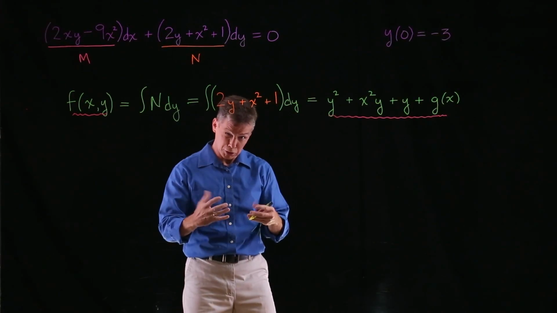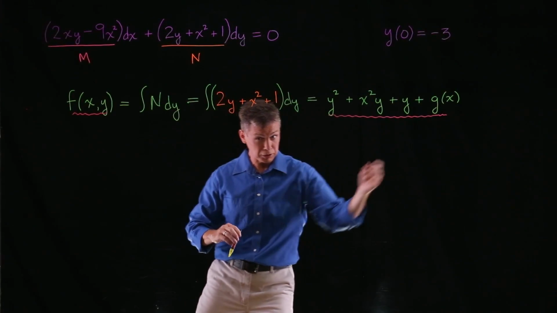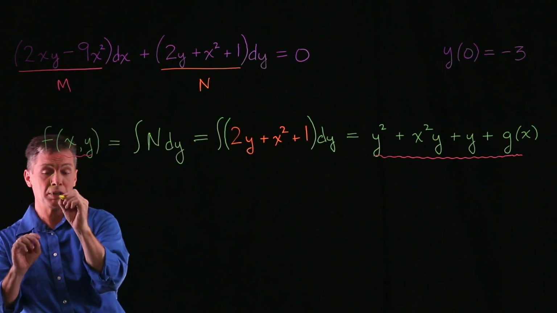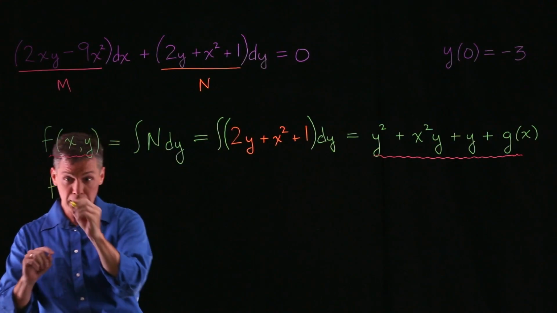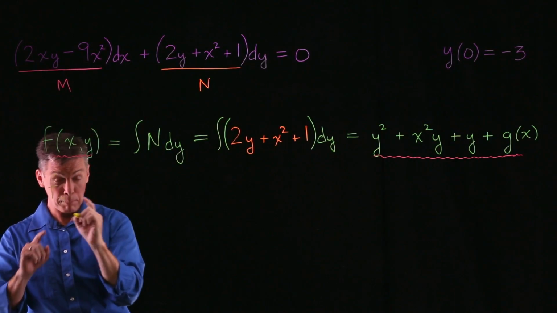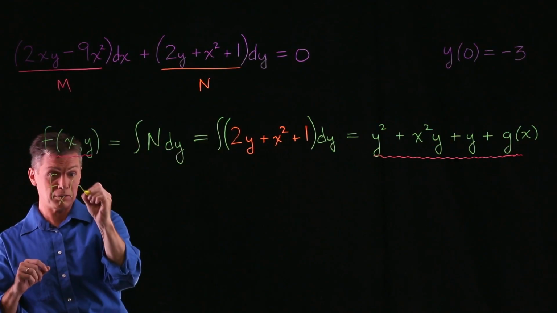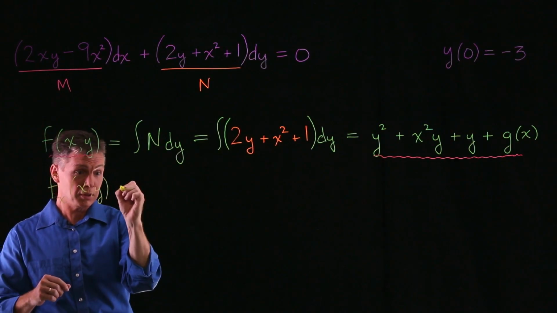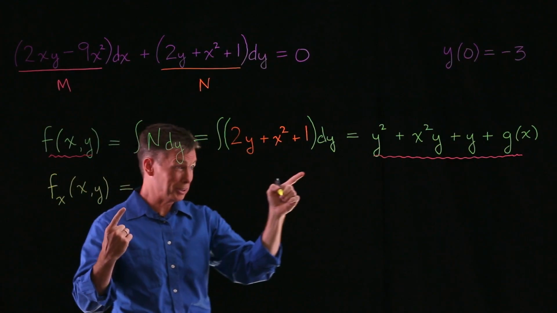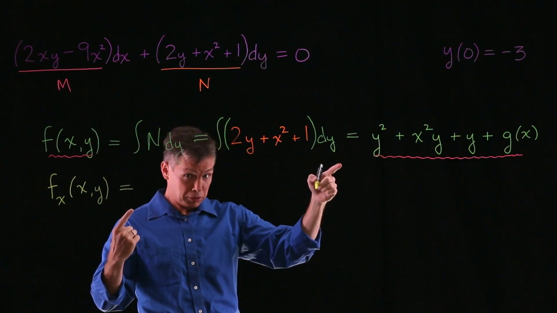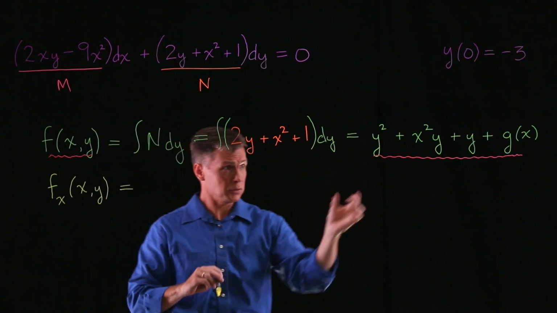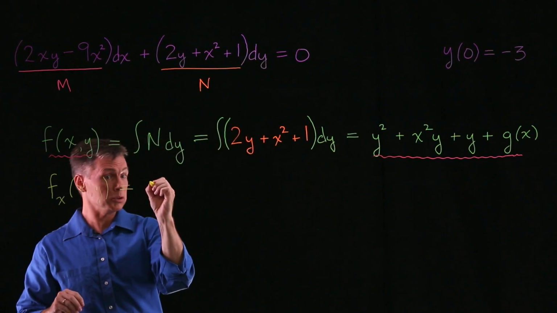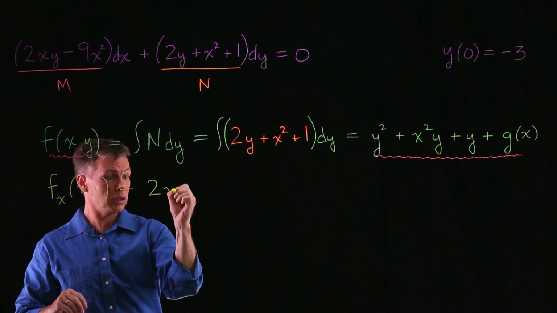And in order to get a firm handle on what g of x looks like, I actually need to take this f expression and differentiate with respect to x, a partial derivative of this f of x,y function. So I'm looking at what I squiggled over here, and I'm differentiating it with respect to x. So that blanks out to 0. This second term looks like a 2xy.